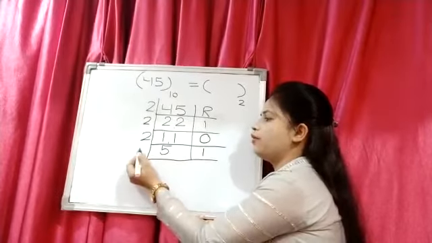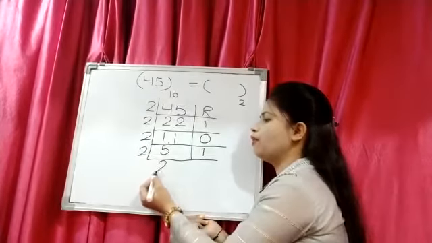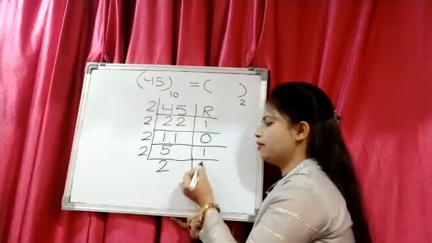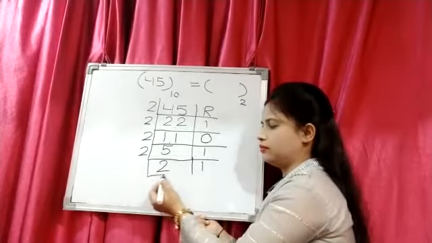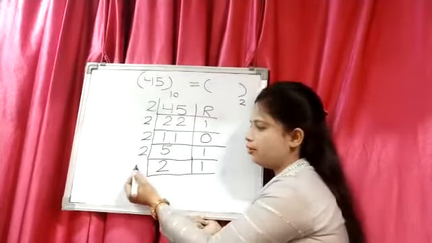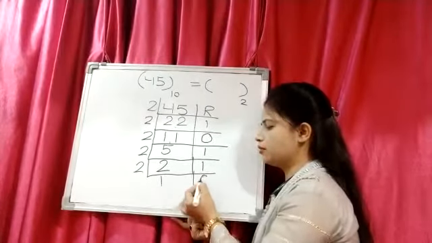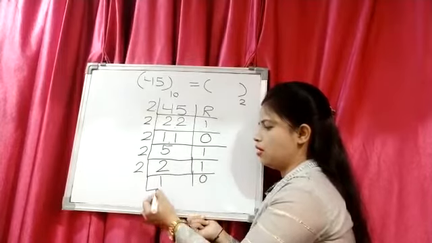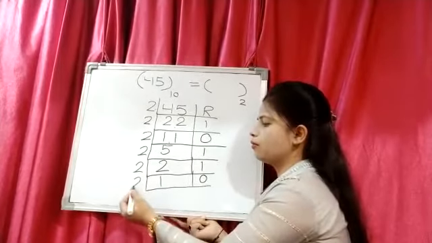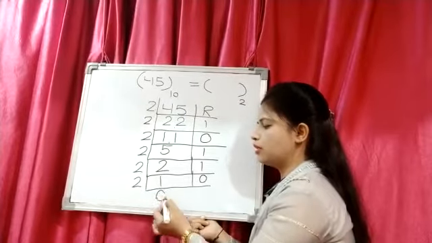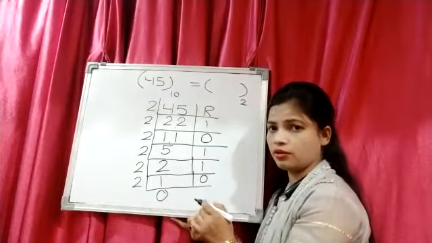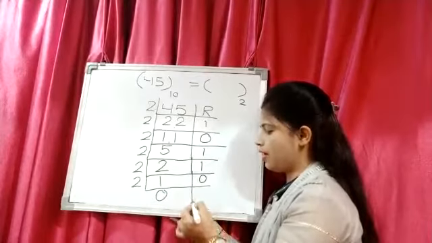Again divided by 2. 2 2s are 4. And remainder is 1. Again divided by 2. 2 1s are 2. And remainder is 0. Again divided by 2. 2 zeros are 0. And remainder is 1.